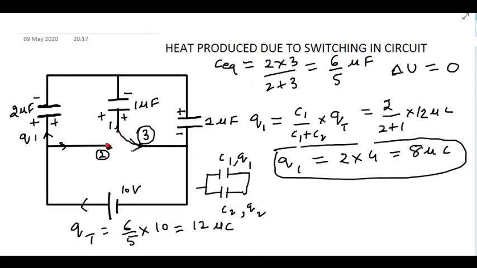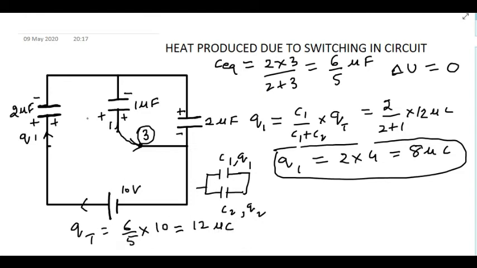I have connected this, so there is no need of this branch now. Now you will see the total charge will flow through the 2 microfarad capacitor. That Q total was 12 microcoulomb.